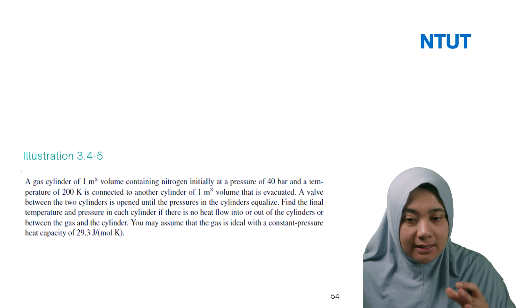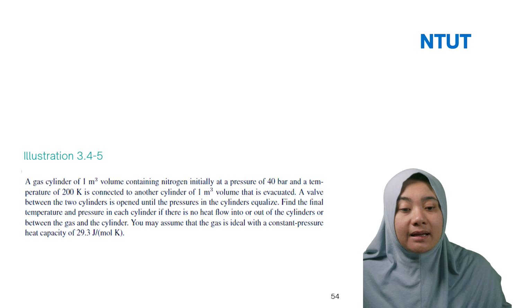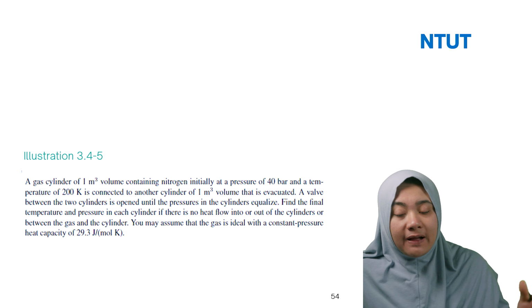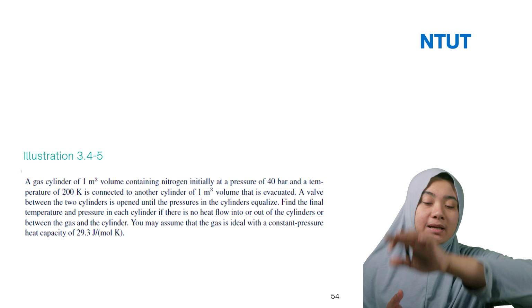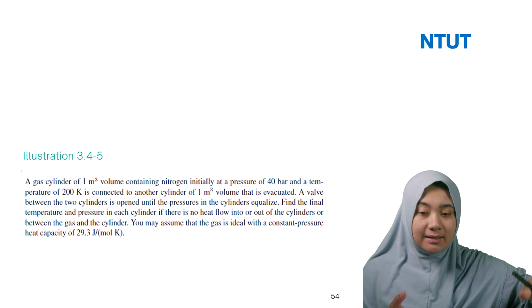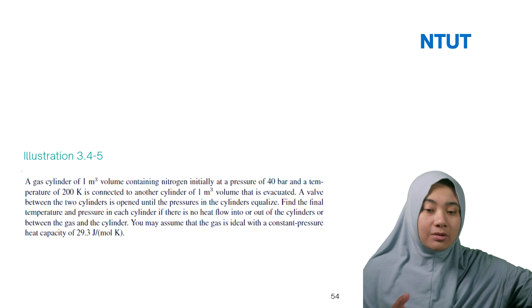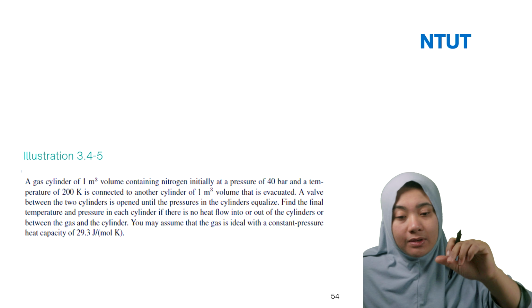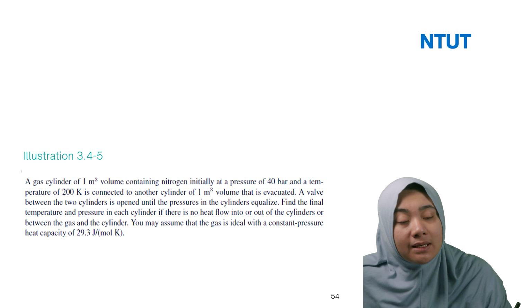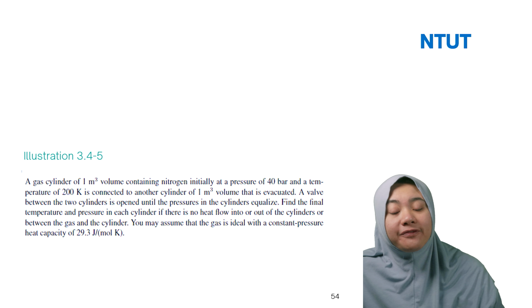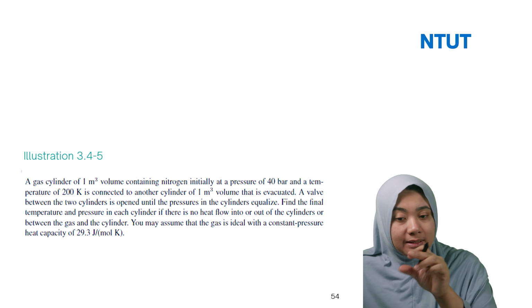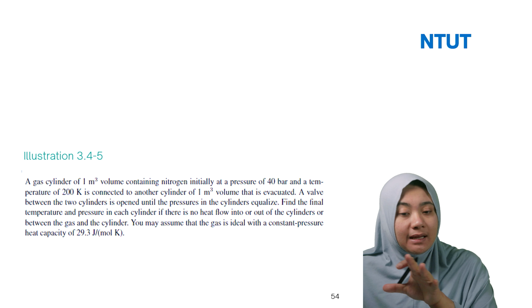The valve between the two cylinders is open, so we transfer from one cylinder to the second cylinder. Then we open until the pressure is equalized, meaning the pressure is the same. And then find the temperature and pressure in each cylinder, so we need to know T and P at each cylinder.